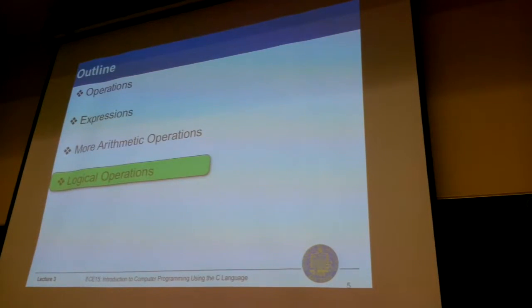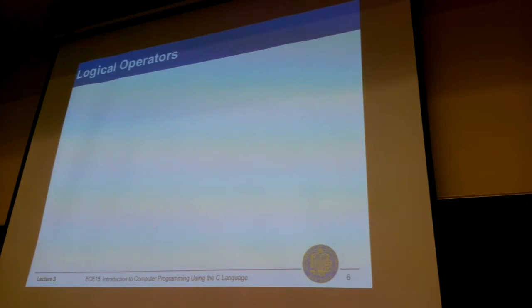So let's move on to talking about logical operations. What are logical operators? These are operators such as not, and, or. If I could get a show of hands, how many of you have seen these types of operators before? Majority of you.